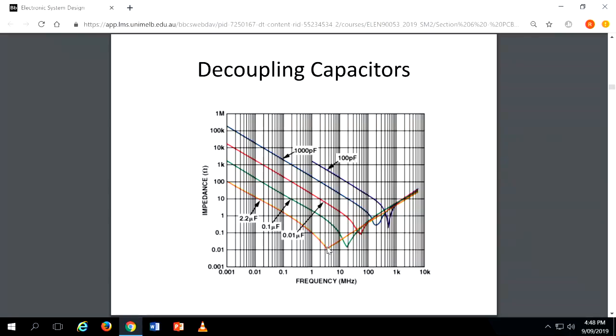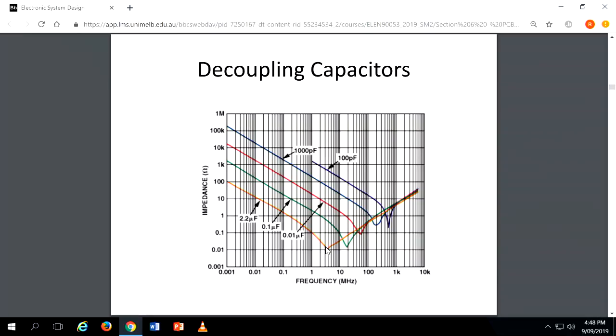But then there is a question for you. For the capacitor, why do we need this chart? Because from this chart we found that 2.2 has minimum impedance, around 0.01, at 3 megahertz, and that is your region of interest.